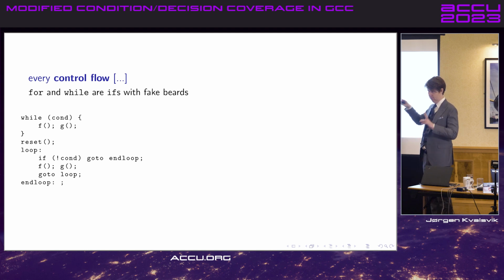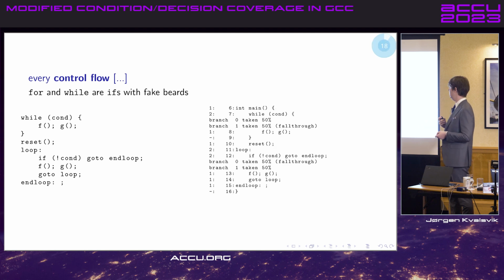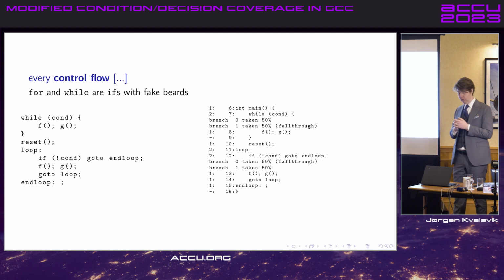And at the end of the body, you go to the top of the loop. If you run this through GCC and GCOV, it will agree with you. See, it has pretty much the same behavior under the condition, and it looks very similar, right? So looking at just ifs is not sufficient. You also need to look at loops.